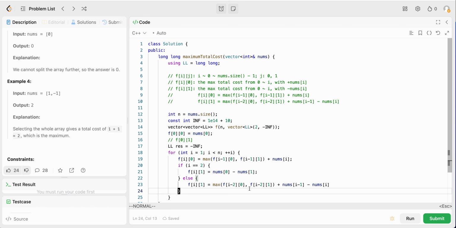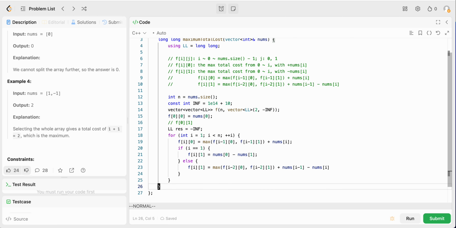So if i equals 1, we need special cases. What is f[1][1]? It is the first number minus the second, and this is the only choice. We don't have i minus 2. Otherwise we have i minus 2, and we can use this state conversion function.